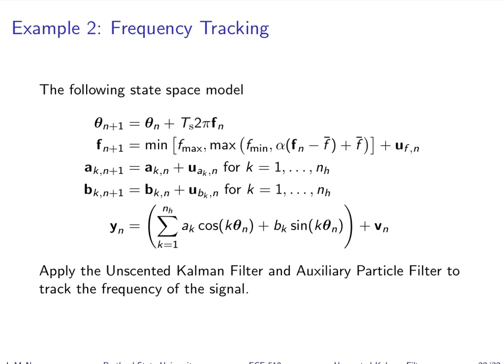When you're trying to use the Unscented Kalman filter or the extended Kalman filter, the more linear it is in the elements of the state vector, the better off you are. Probably the more accurately it's going to be able to track. And so we later started expressing this in another form. There are 3 different forms of the Fourier series representation, and this is one of them, where instead of representing it as amplitude and phase angle, you've got a separate amplitude coefficient for the cosine and one for the sine.